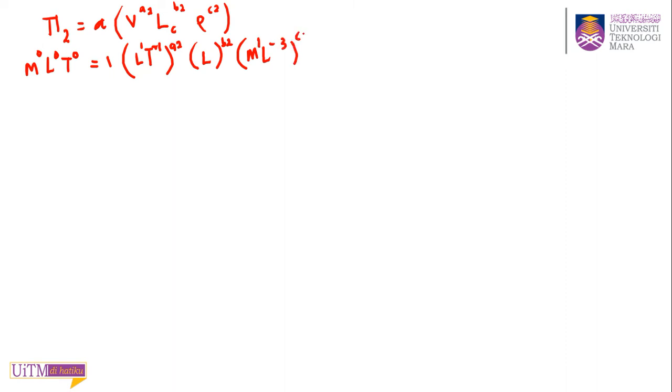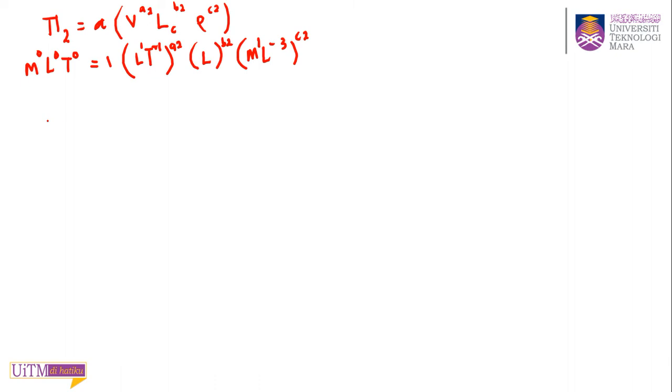Okay, so now we know the dimensionless parameters M0, L0, T0. Okay, this will be equal to alpha, which doesn't have any dimension, just like 1, and we know V has L1, T minus 1, this A2, and L, L C as L, so L will be 2, and rho, we know rho is M1 and L minus 3, C2.